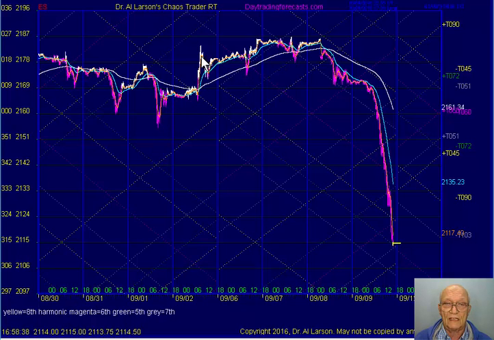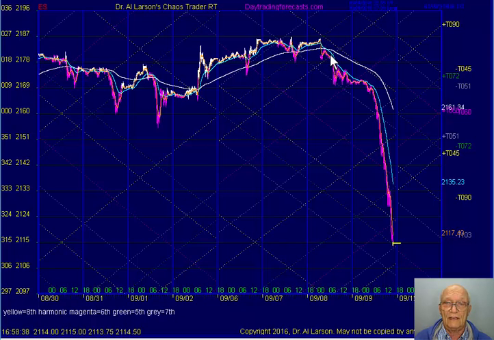Big up move on the second, but then it went flat. Little knots on the 6th, Monday, Tuesday kind of flat. Thursday was contract rollover day. I've often noticed that when the contracts roll over, the new contract, which in this case was about 5 points different, that 5-point difference is the real drop.